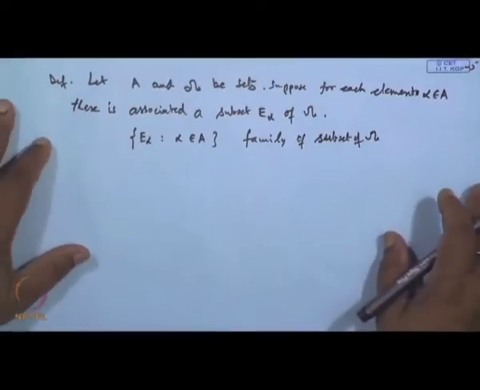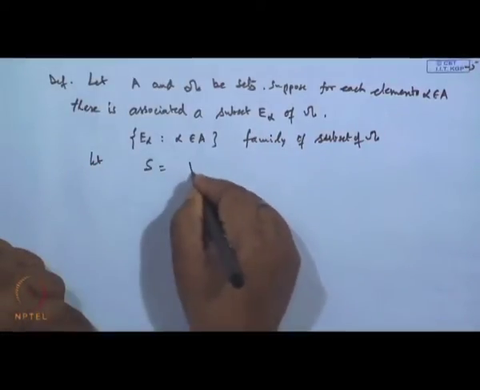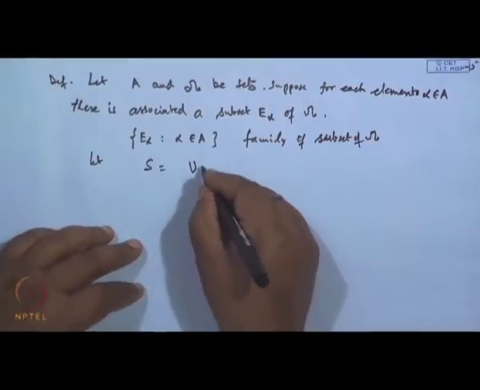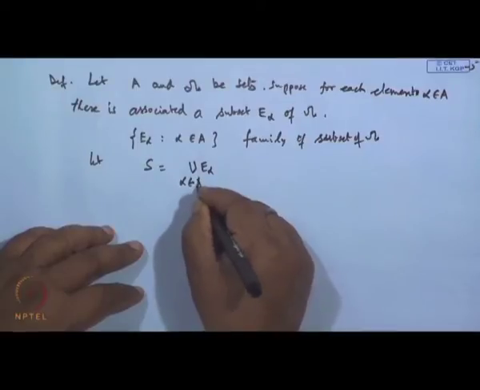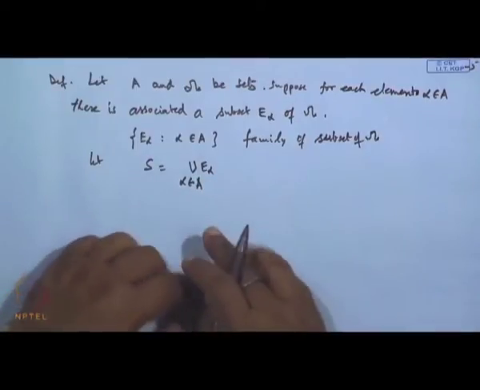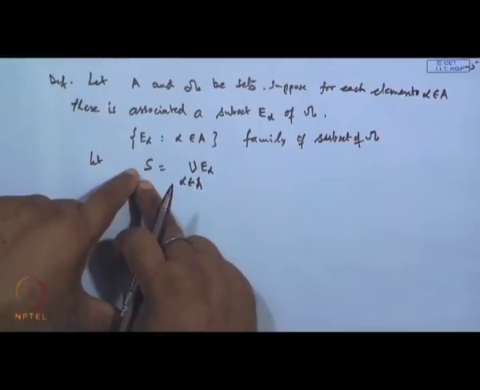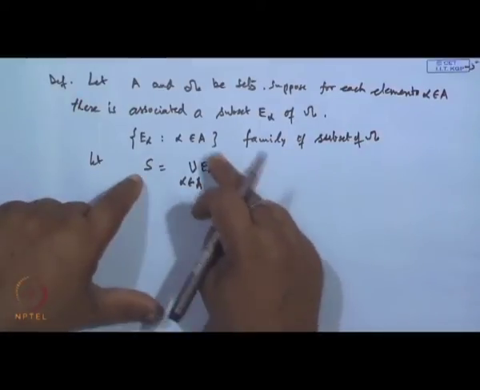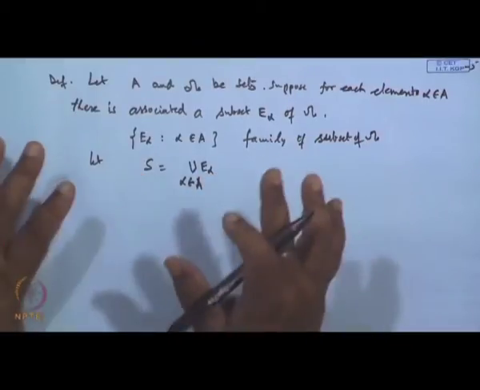Now, if we take S as the union of E_alpha where alpha belongs to A, then any element belongs to this means it will be in at least one E_alpha. Okay.